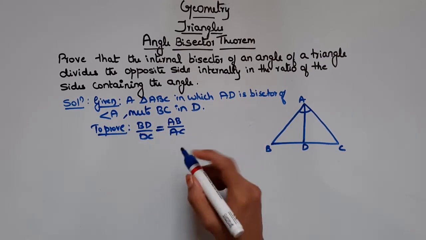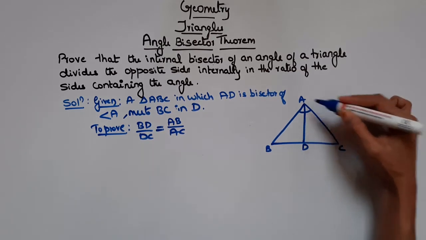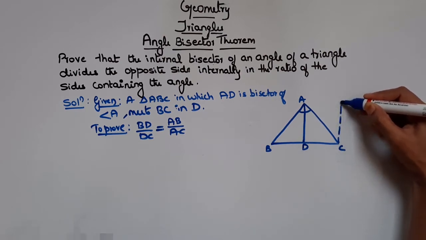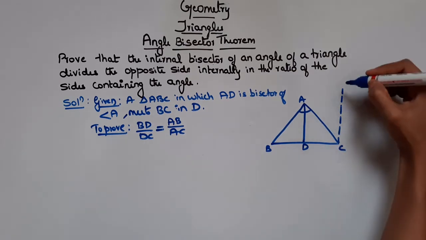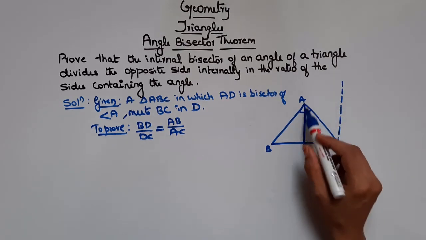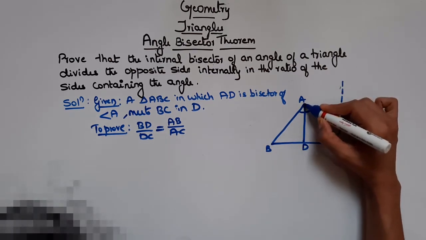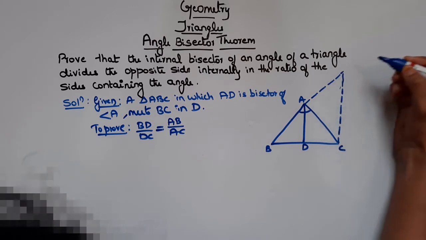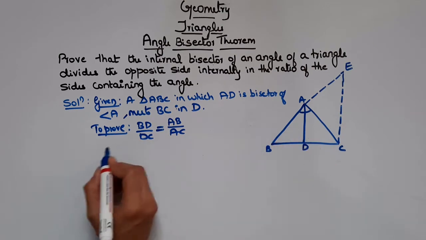right? So in order to prove this, first let's draw a line from C parallel to AD. So let's draw a line parallel to AD and produce this line BA to meet this line. Alright, let's take this point as E. So what did we do?